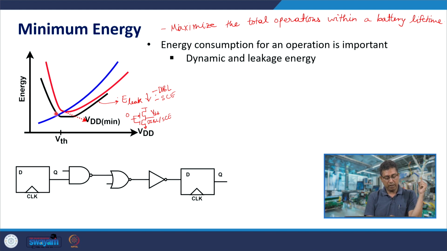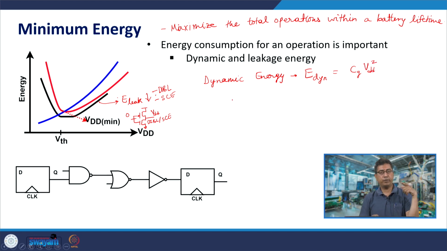So, dynamic energy keeps on reducing as you reduce VDD, because dynamic energy, if we call it E dynamic, is, as we know, the gate input capacitance times VDD square.